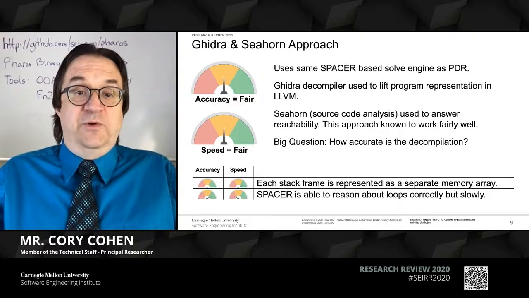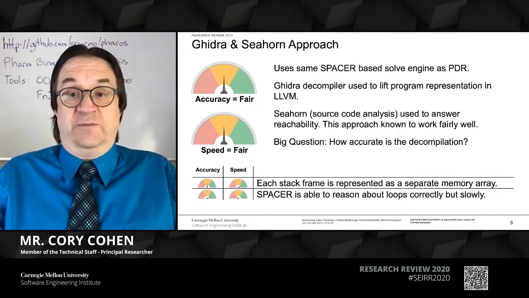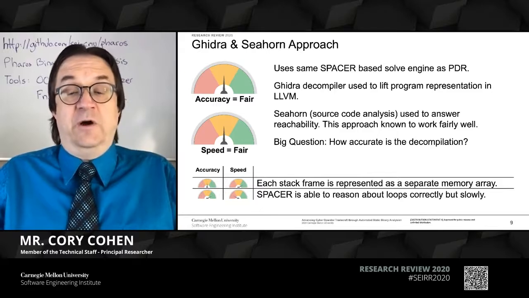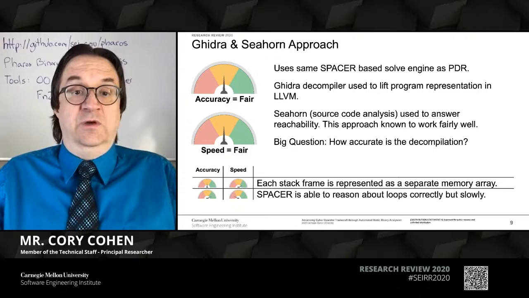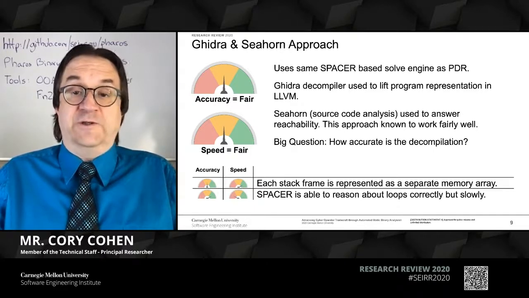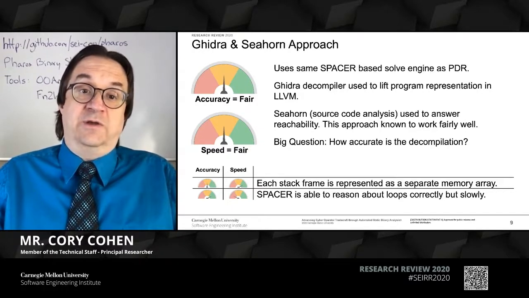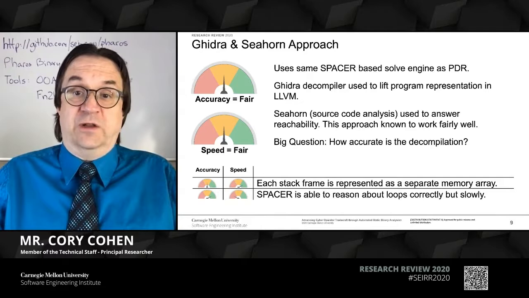This led to the proposal from Dr. Ari Gurfinkel that we try another approach, a Ghidra and a SeaHorn-based approach that also uses PDR. The observation that we made here was that the SeaHorn tool, which is the source code analysis version of the Spacer PDR engine, was doing very well in the test cases that the PDR engine, our previous approach, was struggling with.